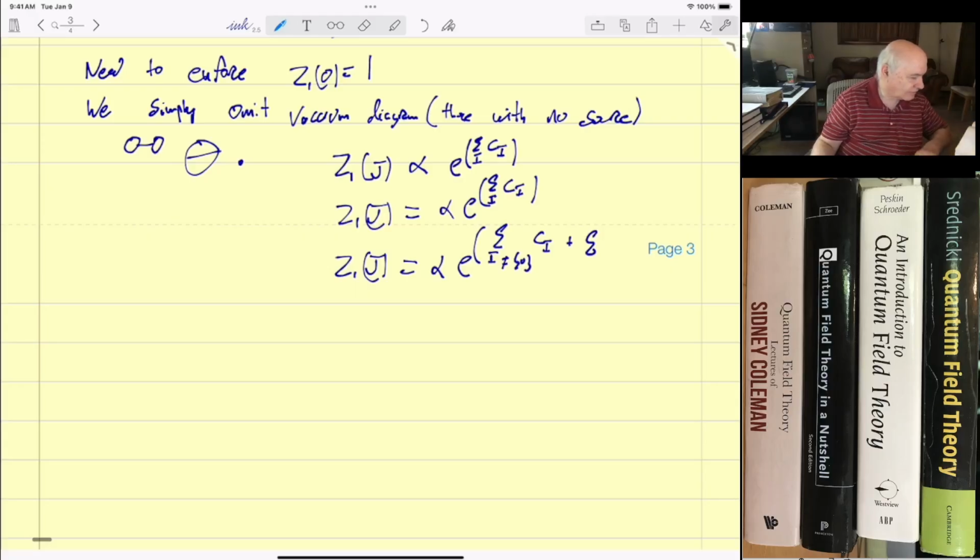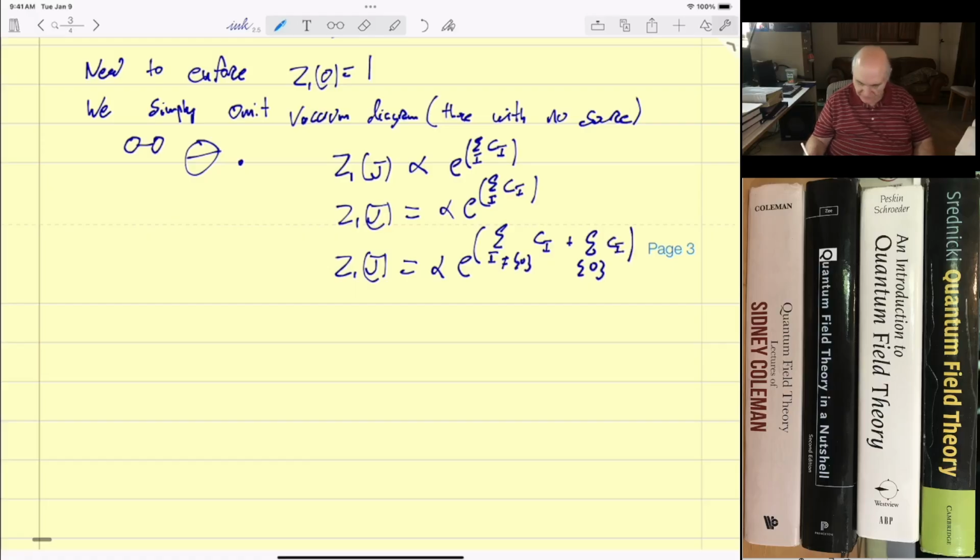I just want to check one thing real quickly in the textbook. I'm using the same notation that he is. Okay. Plus the sum over vacuum diagrams of CI.